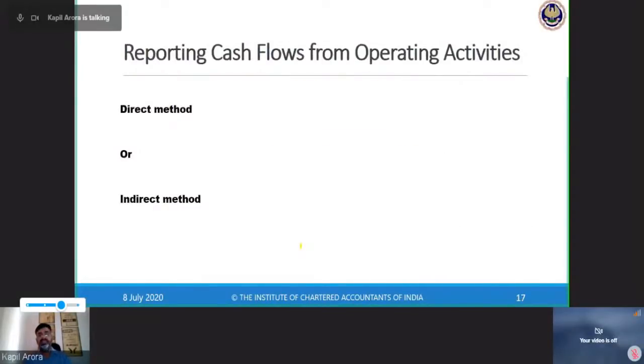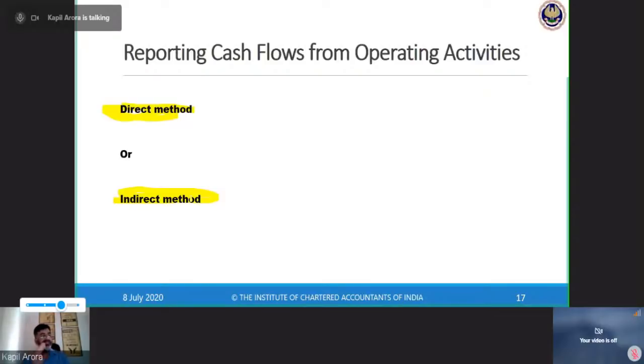Now, cash flows from operating activities, as we discussed, can generally be reported using either the direct method or the indirect method. Whatever method you follow will give you the same number.